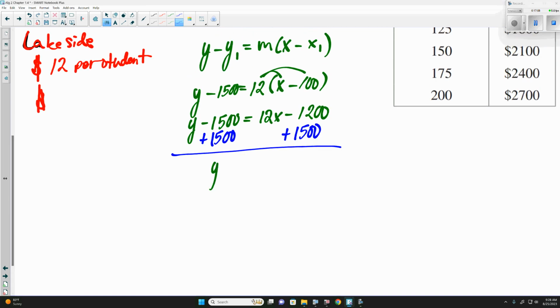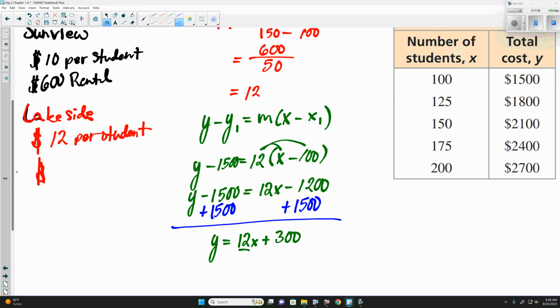And this here will tell us that y is equal to 12x plus 300. So the 12x, again, it's our slope. How much it costs per student. And what is the 300? The initial price, our rental price, is going to be $300.